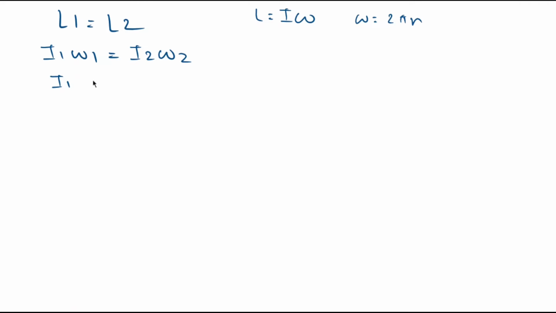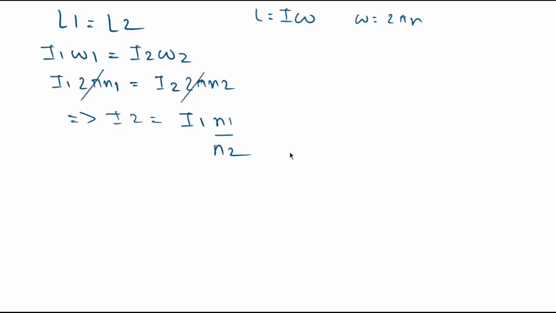So I1 into 2 pi n1 and I2 into 2 pi n2. So 2 pi cancel, which implies that I2 will be I1 n1 upon n2.